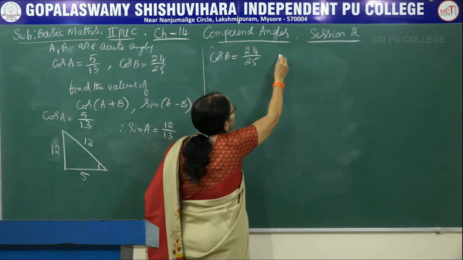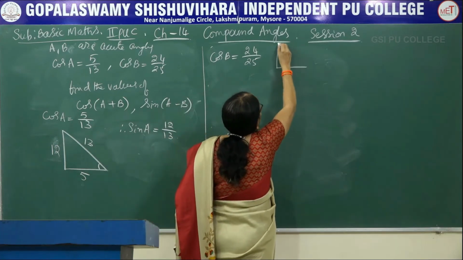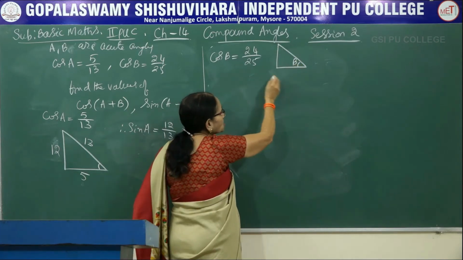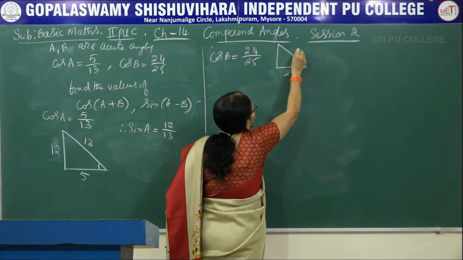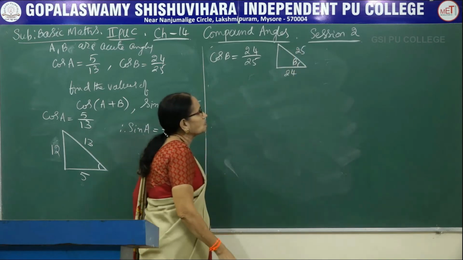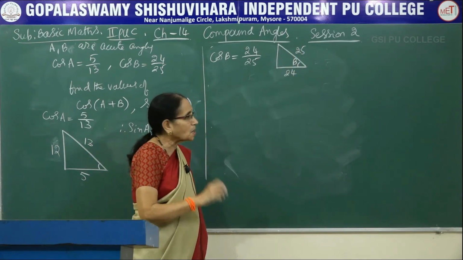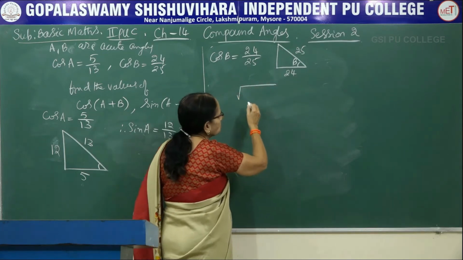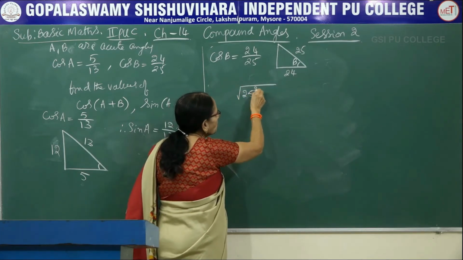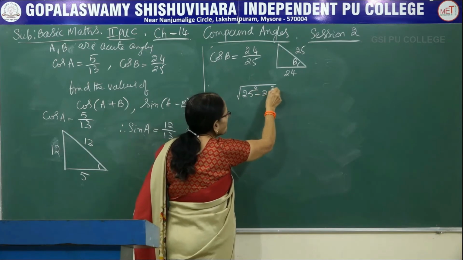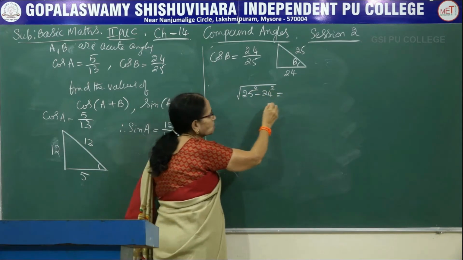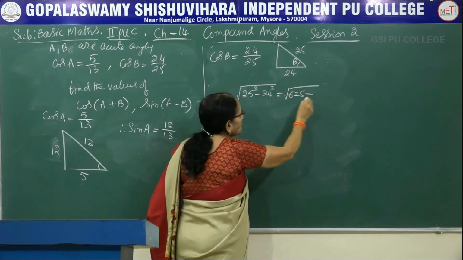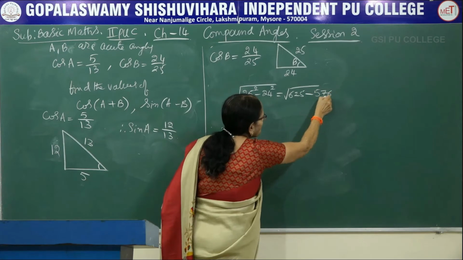That means that, let me draw the diagram here also. Mark this as angle B. Again, cos B means this is adjacent side, this is hypotenuse. Here the numbers are big, you have to be careful. To get the opposite side here, the same Pythagoras theorem, root of 25 square minus 24 square. 25 square means it is square root of 625, and this is 576.